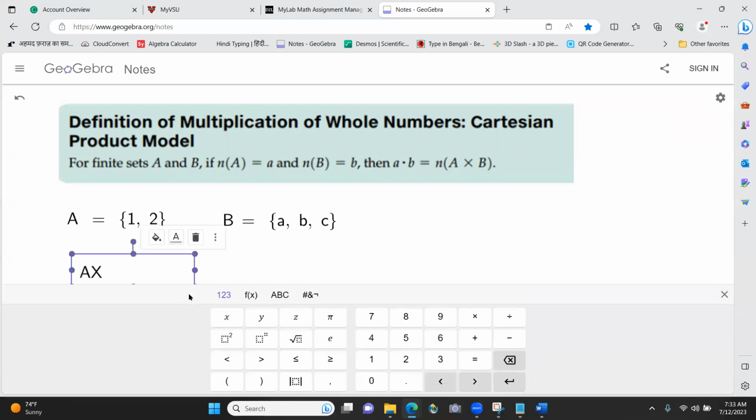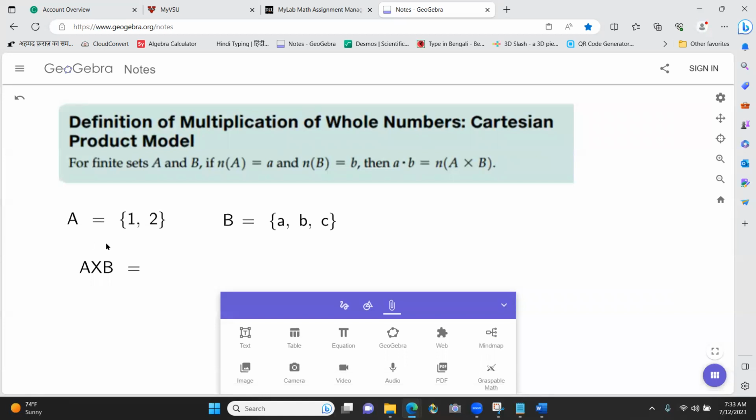The Cartesian product of A and B is defined as follows, guys. How many ways can I pair up somebody from A with somebody from B? The order matters here. A will be the first person, B will be the next.